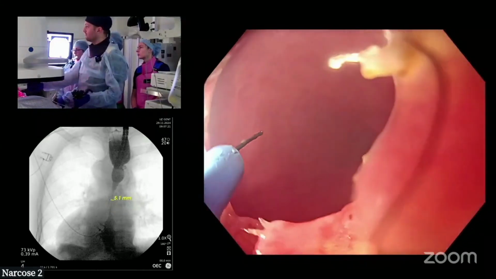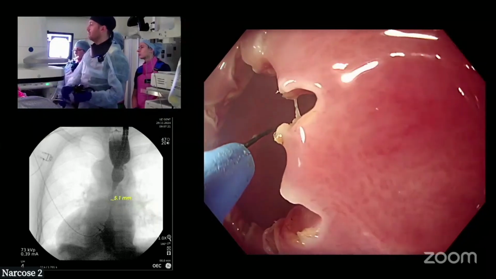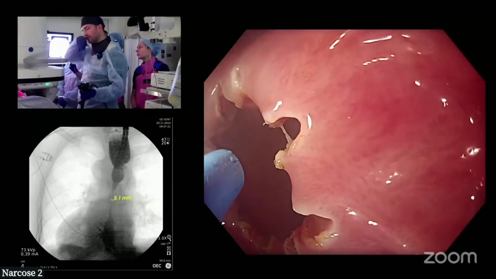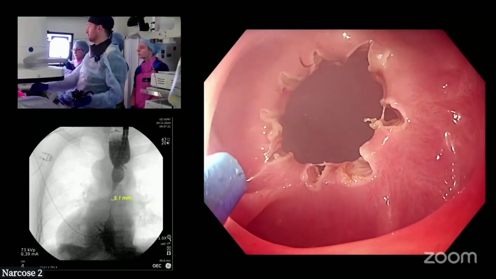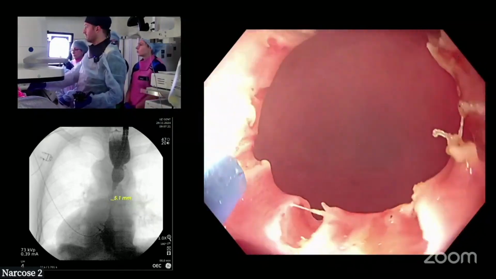I think that this is something that you should try if you are not getting anywhere with the stenosis. Like in this patient, we are not really getting anywhere with this stenosis.